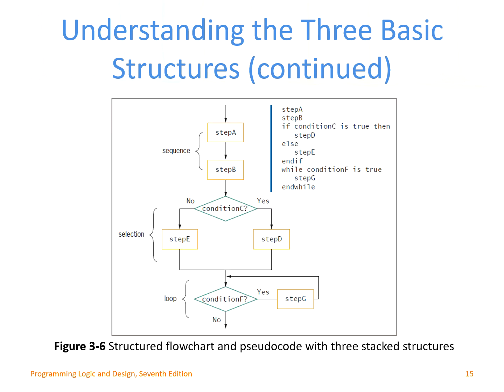In figure 3-6, structured flowchart and pseudocode with three stacked structures. As we can see here, this is an example of a structured flowchart. The sequence part is step A and step B, while the selection structure is the condition part, which has two choices, no and yes.